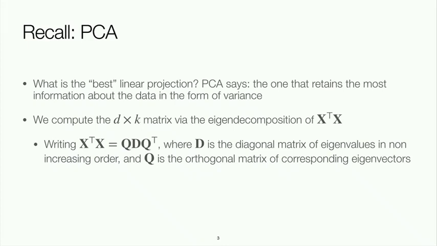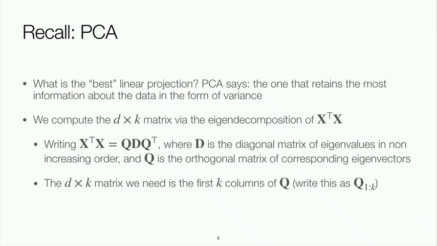And then the d by k matrix that we're looking for, the projection, turns out to just be the first k columns of Q. We're going to write this as Q_{1:k}. So we can use this Q_{1:k} as the d by k matrix that projects our data down from d dimensions into k dimensions. This is the high-level overview of what we did last time.